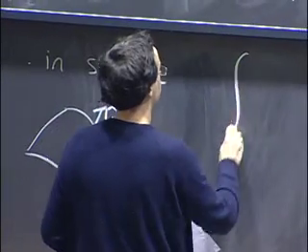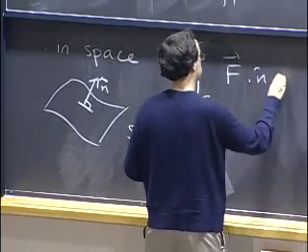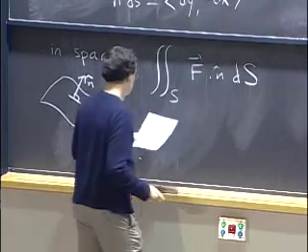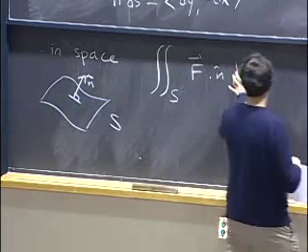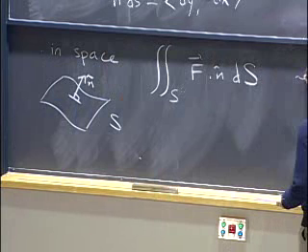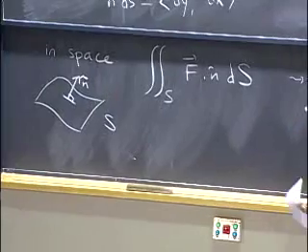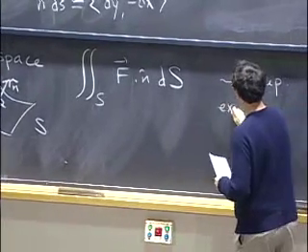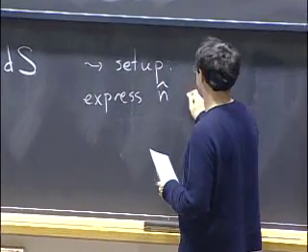And then you will do a surface integral for F dot n dS. That's the surface area element. So the setup for this surface integral is that first we have to express n and dS in some way.